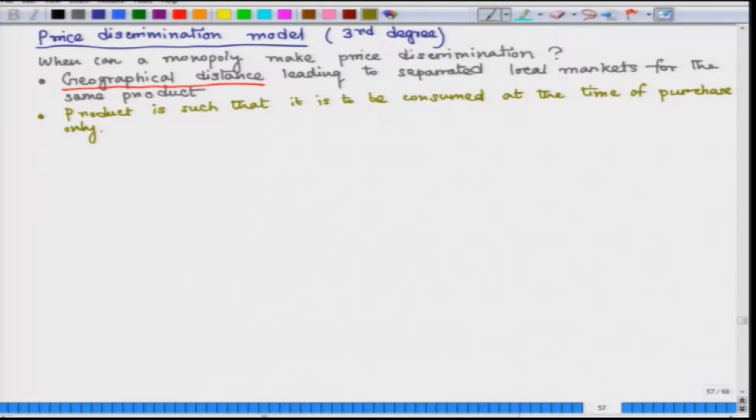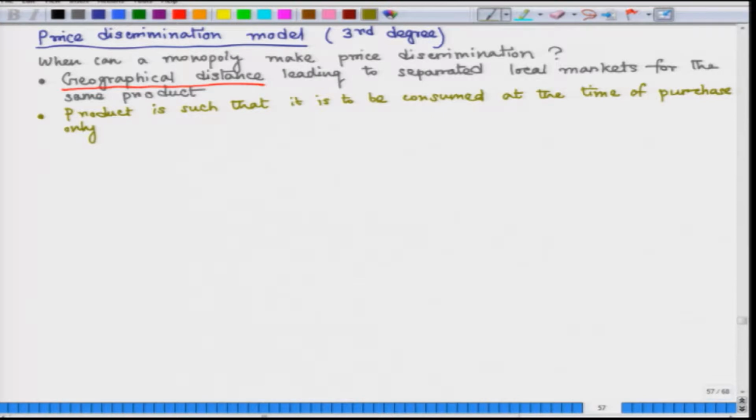So, when is that possible? That is possible say in the case of a patient's visit to a doctor, or when you are watching a movie in a cinema hall or a movie theater.